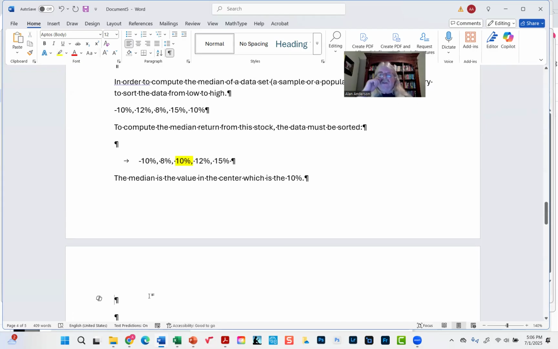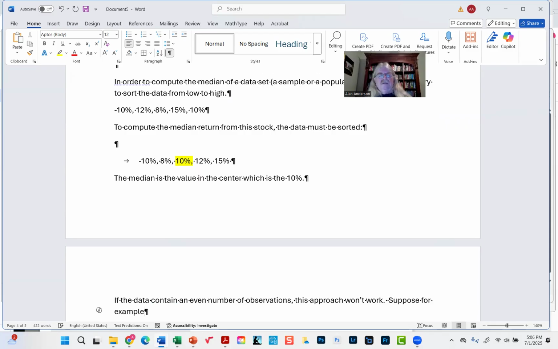Okay, now that was very straightforward. Now there's just one potential problem though. If the data contain an even number of observations, this approach won't work. Suppose, for example, there are 6 years worth of returns.